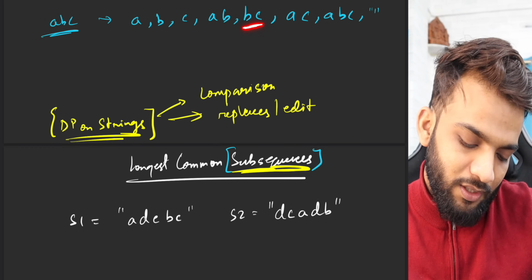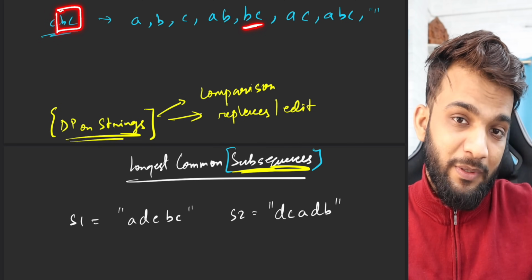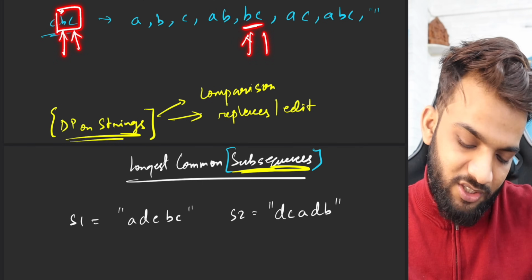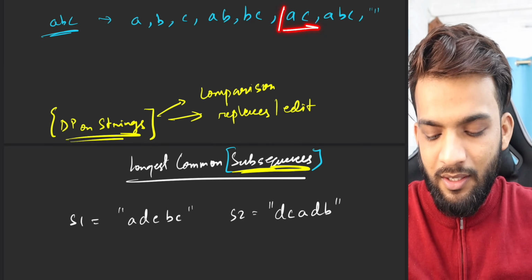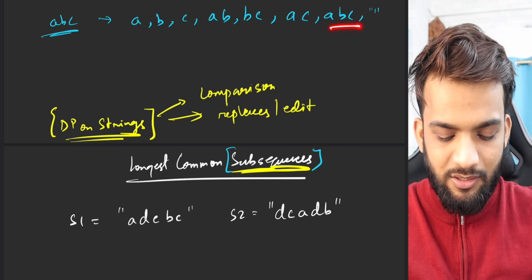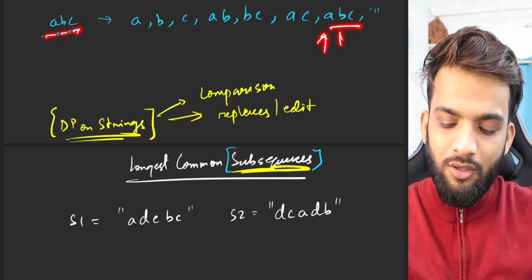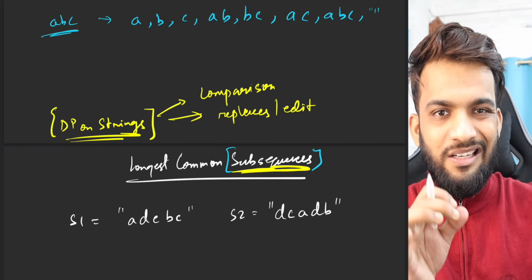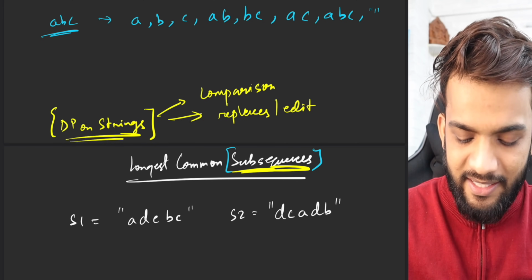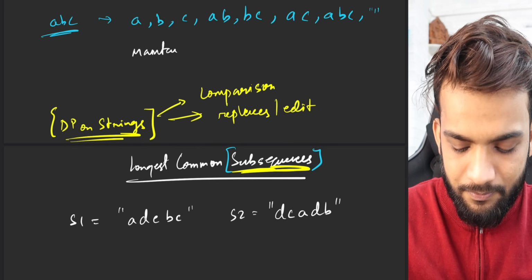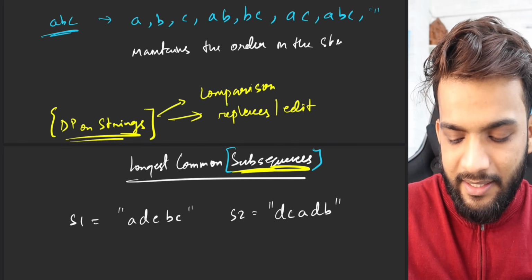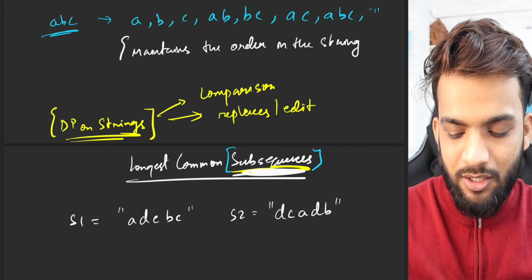You see BC, BC is consecutive, and maintains the order of B and C. You see AC, AC is not consecutive, but maintains the order of A and C. ABC is consecutive and maintains the order. Very simple. It can be consecutive, it need not be consecutive, but as long as it maintains the order in the string, you can call it a subsequence.